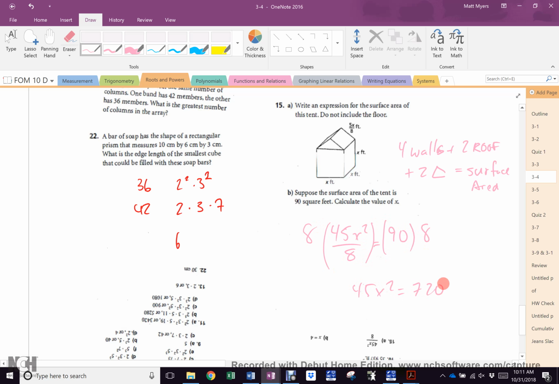Then what? Divide by 45. X squared equals 16. Then how do you get rid of the squared? Square root. X equals 4. Can you use times and divide to get rid of 8? No, because it's already dividing. Okay. All right, is everybody good? Sweet.